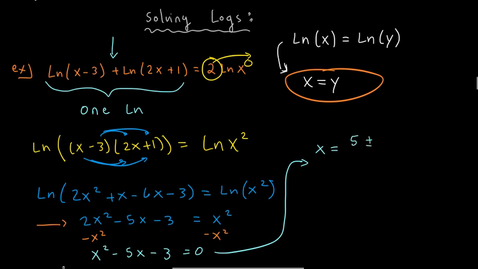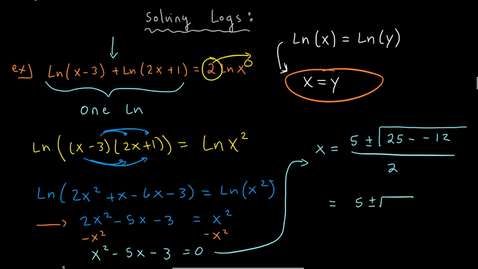So 5 plus or minus the square root of 5 squared is 25 minus 4ac. 4 times 1 times negative 3 is negative 12. And that is all over 2a, which is 2 times 1. Yeah, wunderbar. So 25 and 12 makes 37. So I think I got 5 plus or minus the square root of 37 over 2.